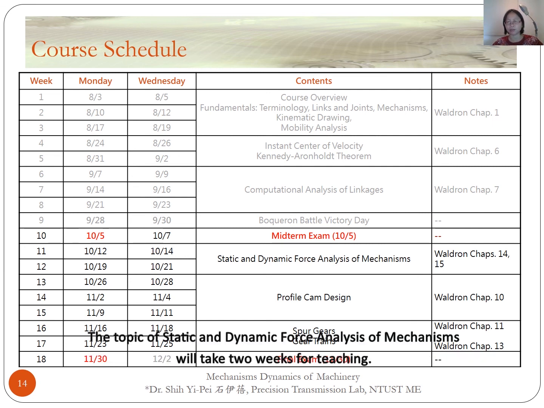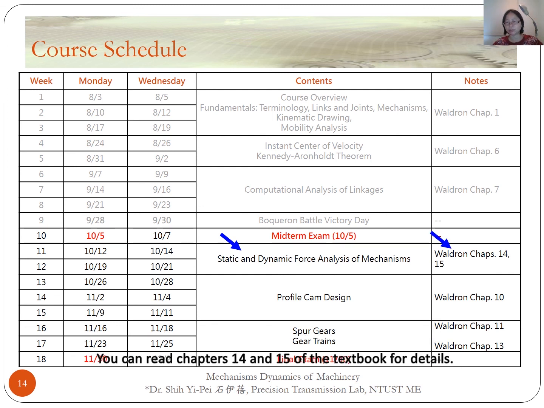The topic of static and dynamic force analysis of mechanisms will take 2 weeks. You can read chapters 14 and 15 of the textbook for details. The topic of profile cam design needs 3 weeks, and the final topics of spur gears and gear trains will take 2 weeks.